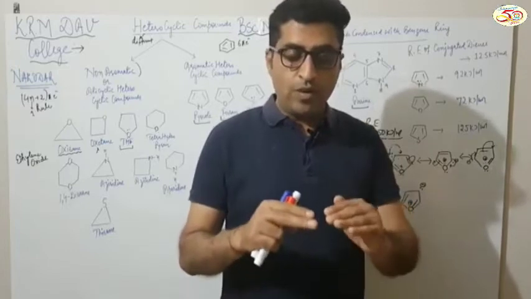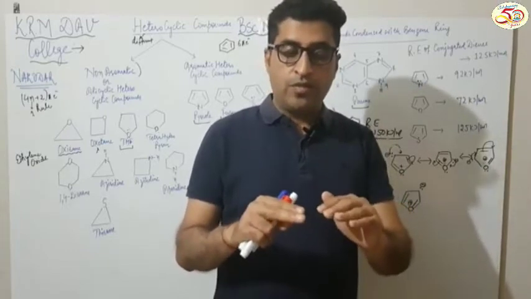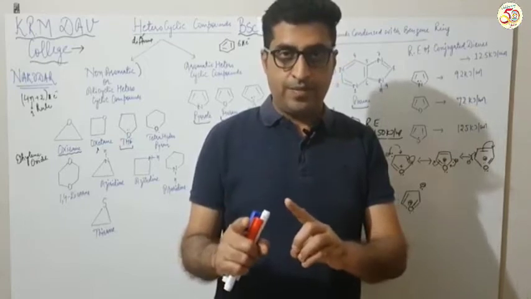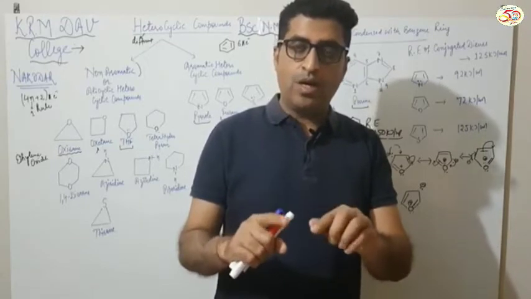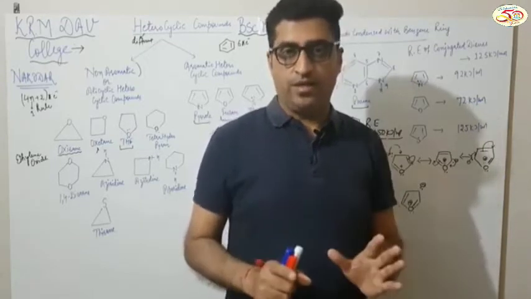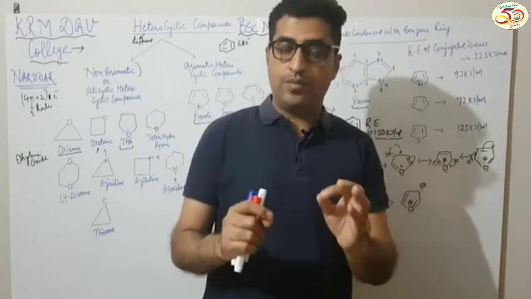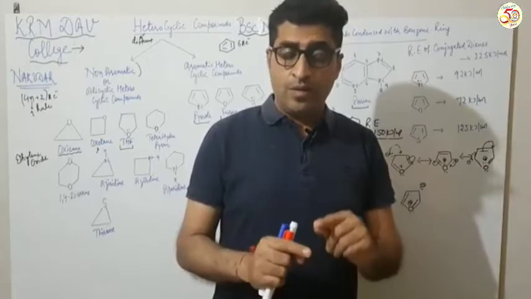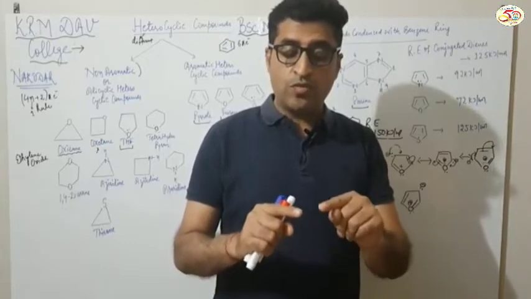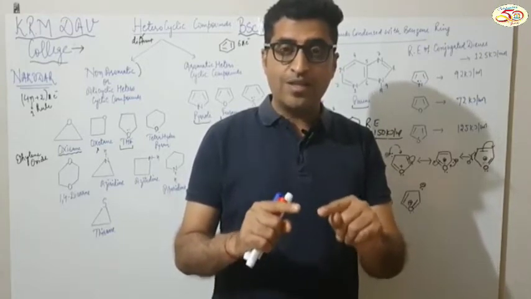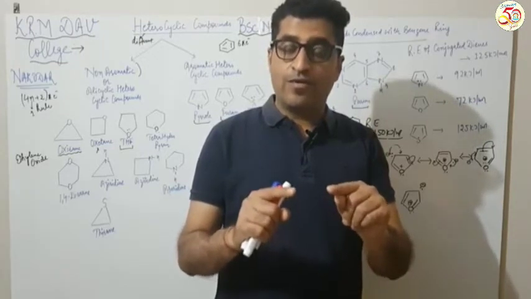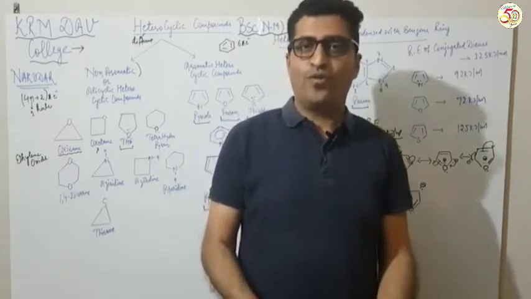So if you have to compare 2 structures in which 2 different heteroatoms are present and both are possessing positive charges, both structures are unstable. But out of these 2 structures, which is relatively more unstable? Obviously, the structure where the electronegativity of the atom is more. This is what I want to convey.